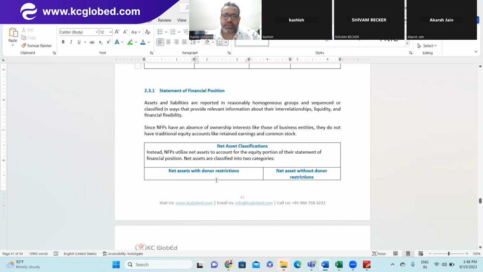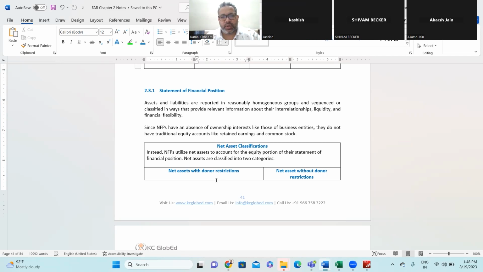In the statement of financial position, your assets and liabilities are reported in a reasonably homogeneous group and sequence, or classified in a way that provides relevant information about their interrelationship, liquidity and flexibility. Interrelationship means whether they are property, plant and equipment, or investments, so they have to be classified in that specific group.